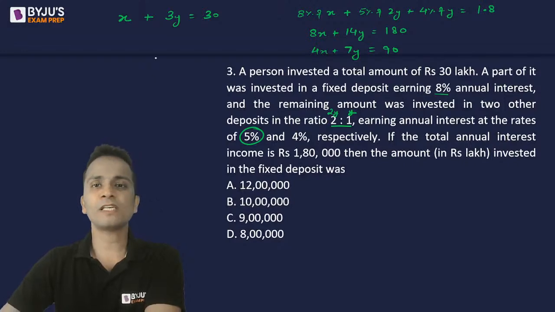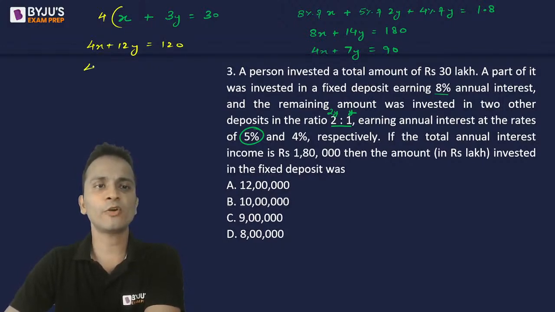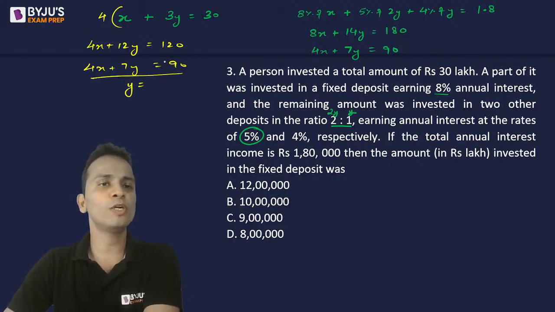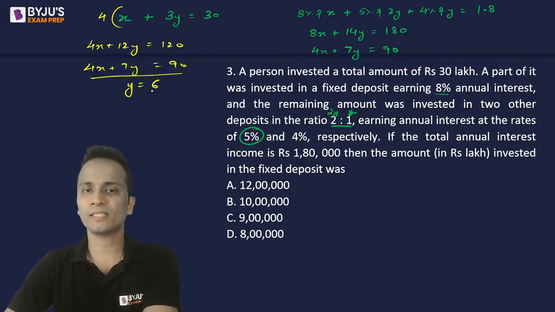I'll multiply the first equation by 4, so it becomes 4x plus 12y is equal to 120, and the second equation is 4x plus 7y is equal to 90. So 5y is equal to 30, so y is equal to 30 divided by 5, that is 6. So the value of y is 6.